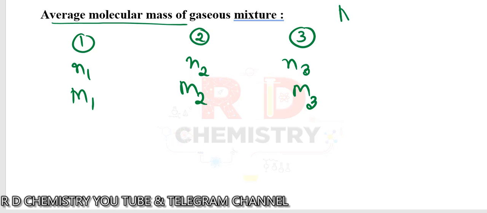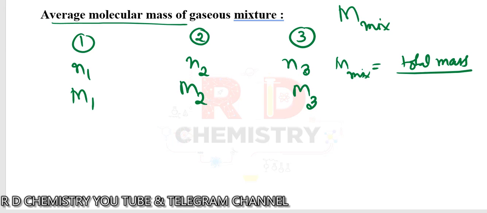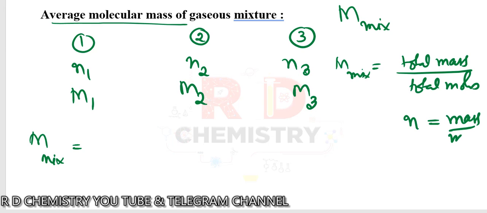Now to calculate the molar mass of the mixture of these three gases, it is equal to the total mass of the entire mixture divided by the total number of moles. So how to calculate that? Remember, number of moles is equal to given mass divided by the molar mass, so molar mass into number of moles will give the mass of that gas, correct?